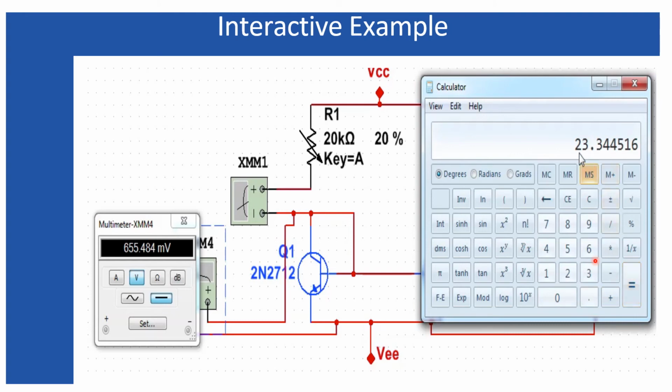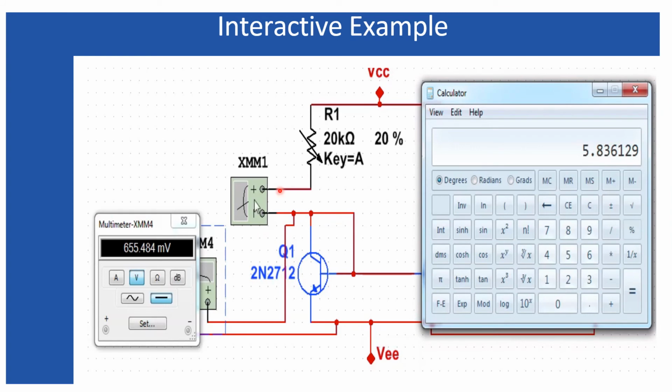After subtracting, this is the voltage appearing across the resistor R1. Dividing this value by R1, which is 4 kilo ohm, I obtain approximately 5.836 milliampere. So this is the reference current that should flow through resistor R1, and this ammeter should record this current. So let's see.